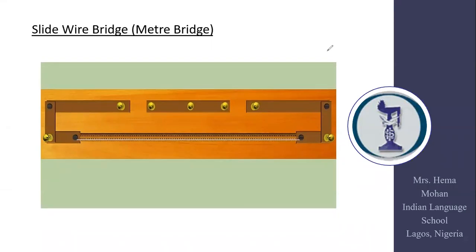So you have a 1 meter wire made of an alloy which is either constantan or manganese, and that is the reason this is called a meter bridge. And all these brown strips that you see are basically copper strips which are connecting the wire to a couple of gaps.